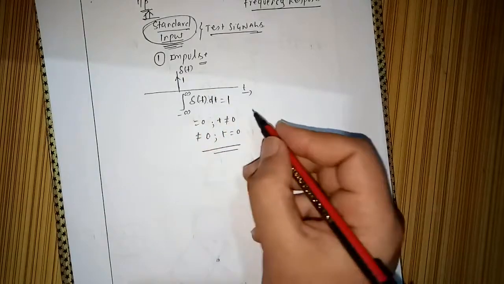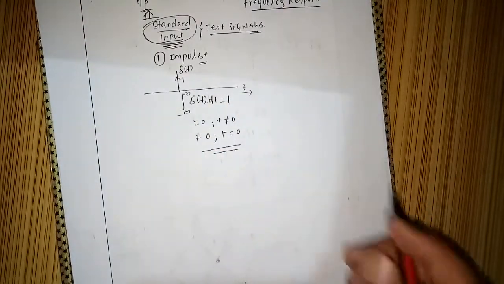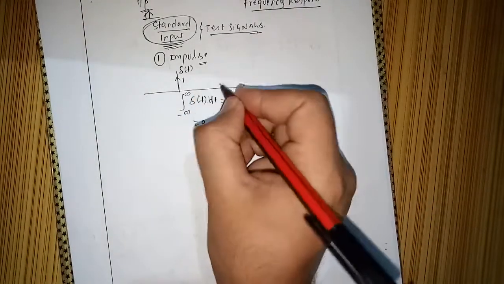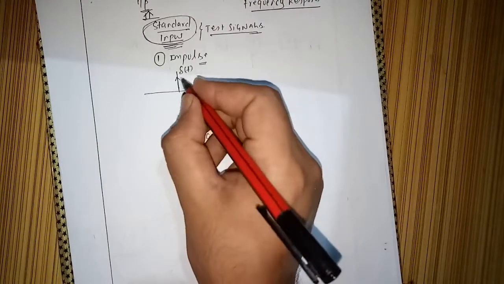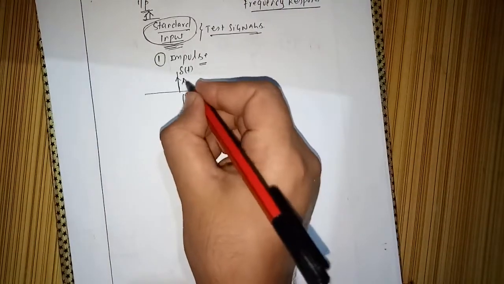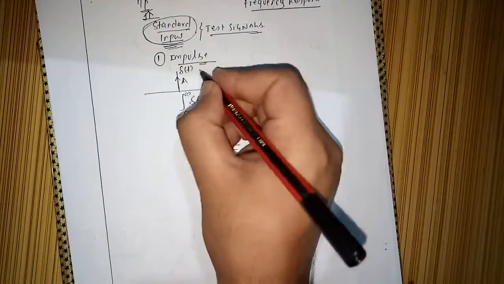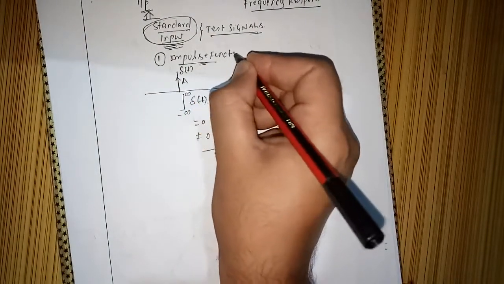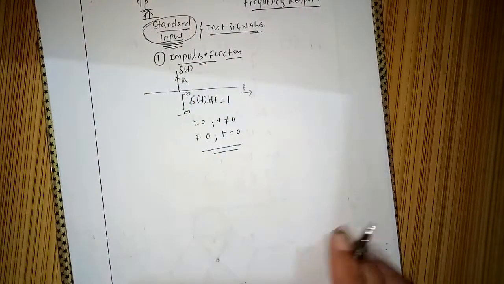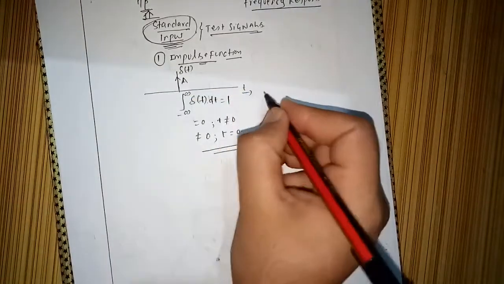This is our delta Dirac function, or we call it the unit impulse function, or if its area is something else, like a, it is simply an impulse function. What does the impulse function imply? It implies a sudden shock.